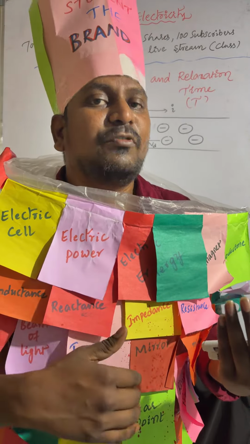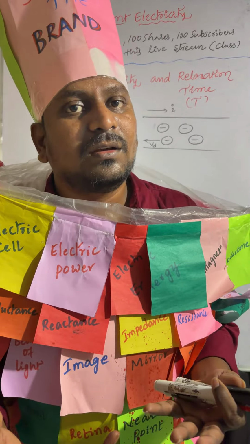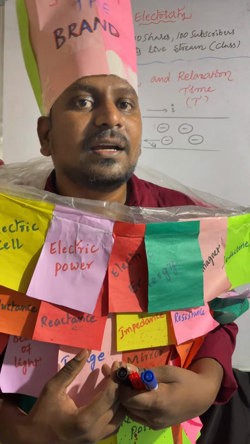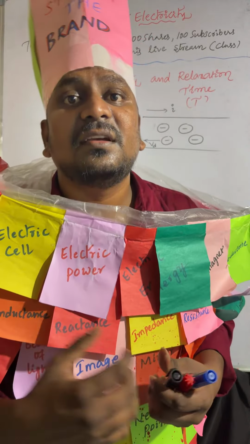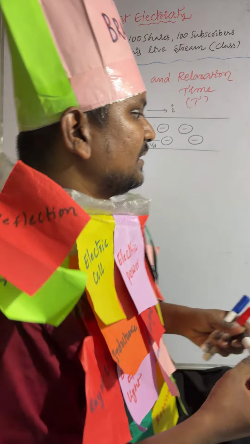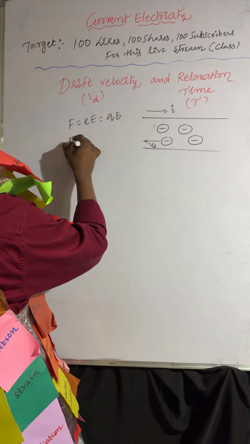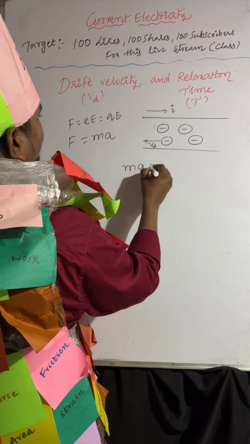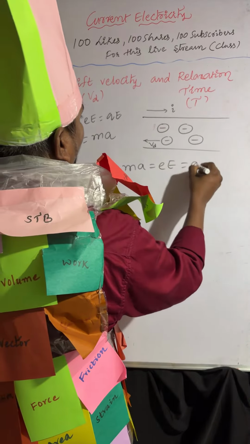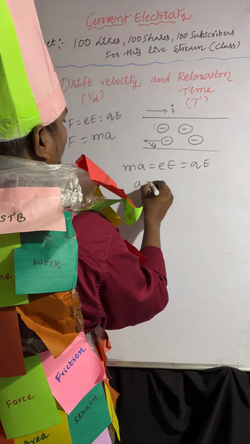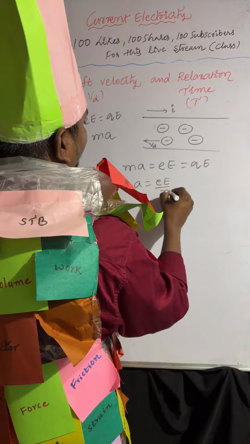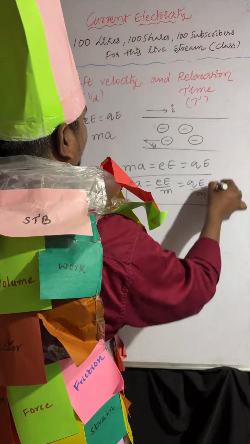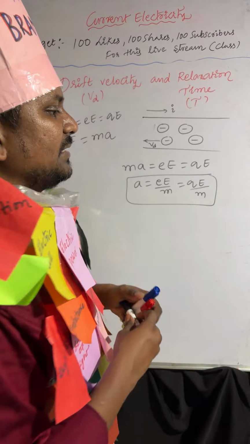The force experienced by the electron will produce acceleration. So F equal to ma, then ma equal to QE, so a equal to QE by m. Understood or not?